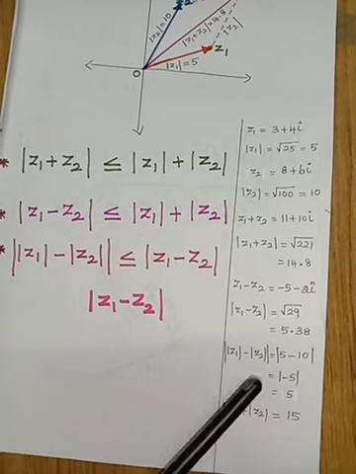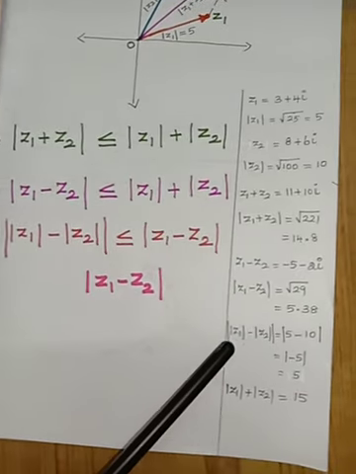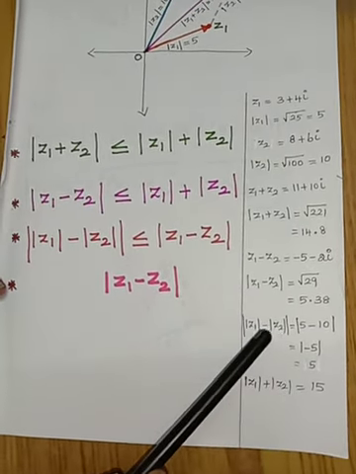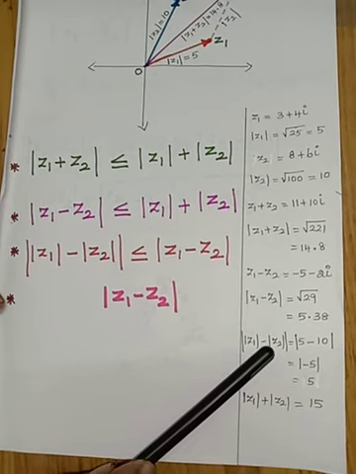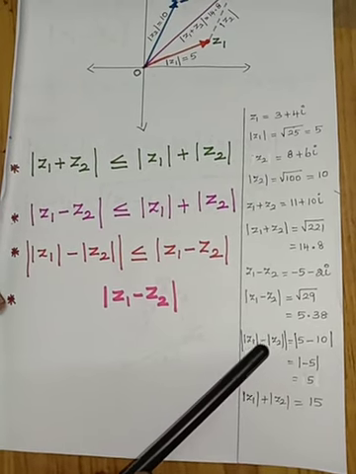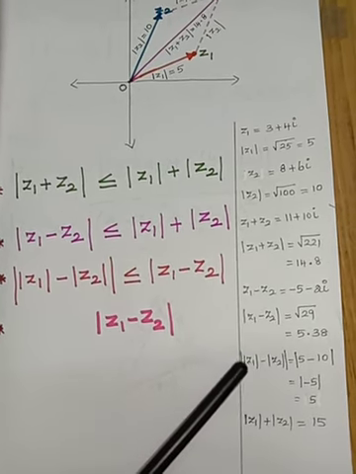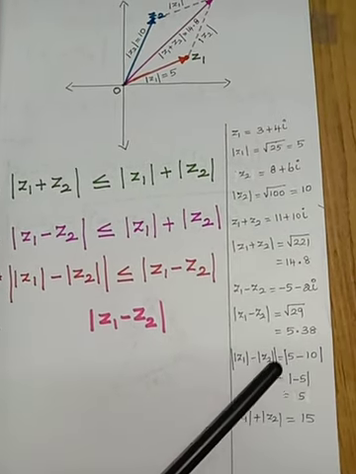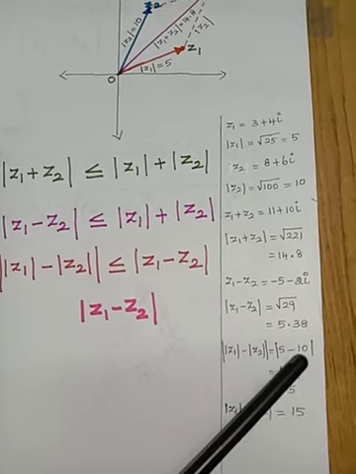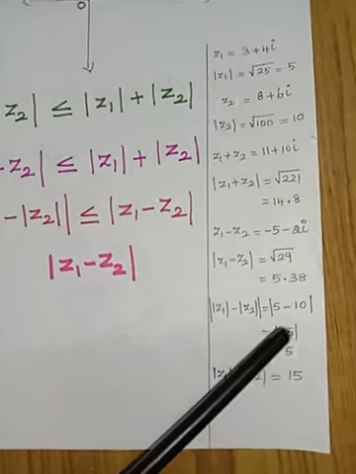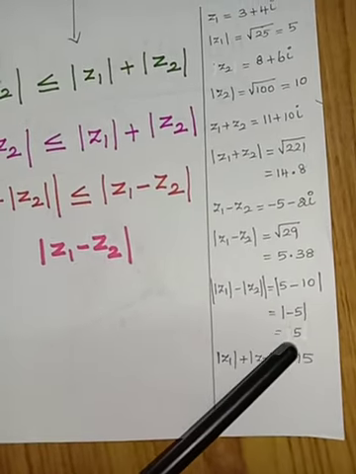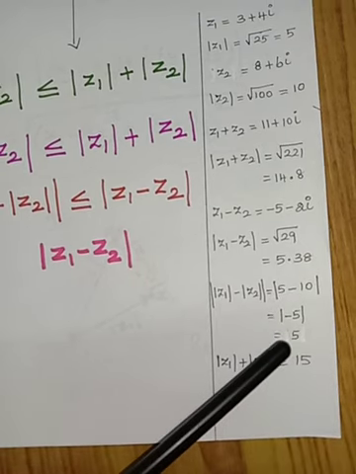Now compare the third result, modulus of z1 minus modulus of z2. Modulus of z1 is 5 and modulus of z2 is 10. 5 minus 10 is minus 5, and within the modulus, minus 5 becomes 5.